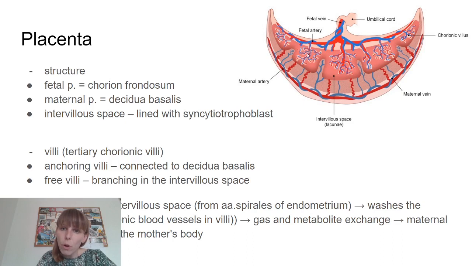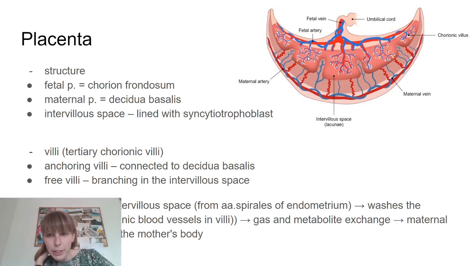So they will reach all the way from this part of the fetal placenta to the maternal part, and they will connect to it, so they anchor themselves to the other side of the placenta. And the rest of them that do not connect to the maternal tissue are called free villi. So they are just dangling in the intervillous space.